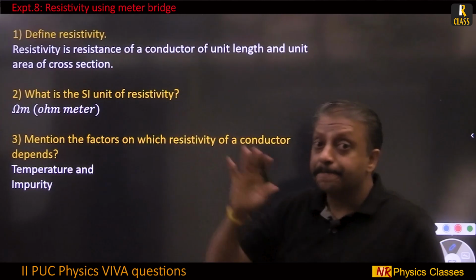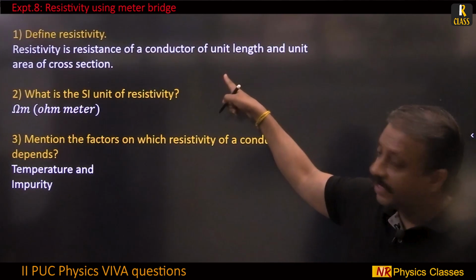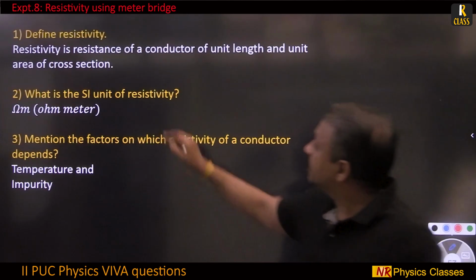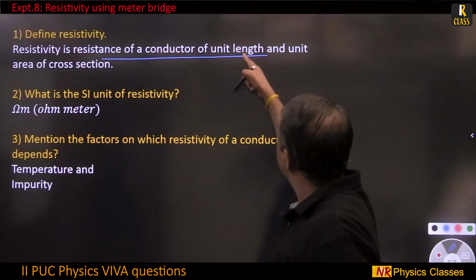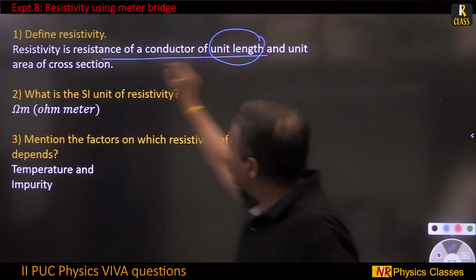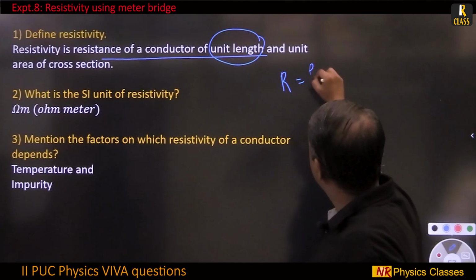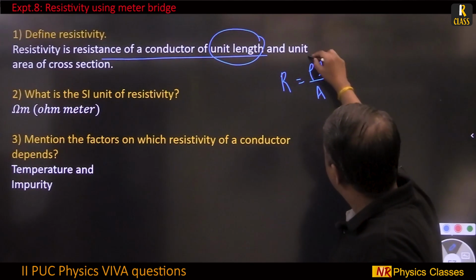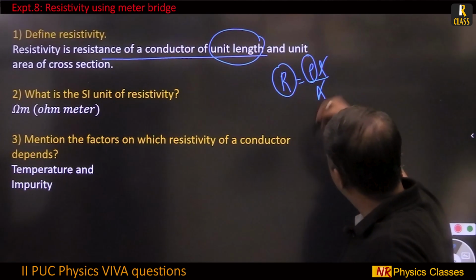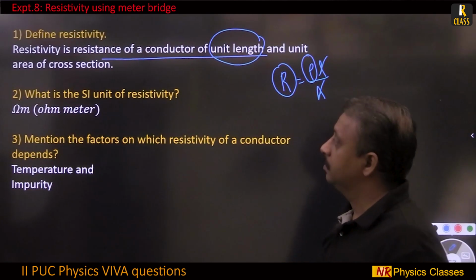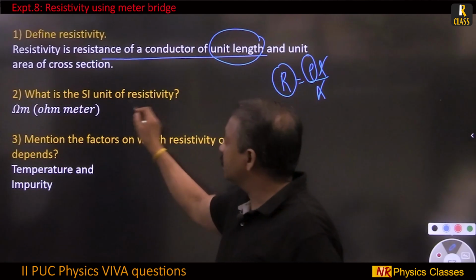Define resistivity, specific resistance. So, favorite question. Resistivity is the resistance per unit length, per unit area of cross section. Resistance equals rho L by A. Important question: what is the SI unit of resistivity?